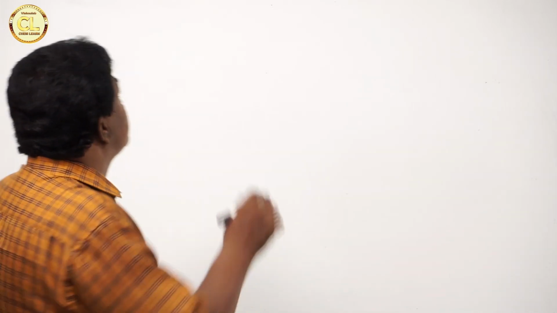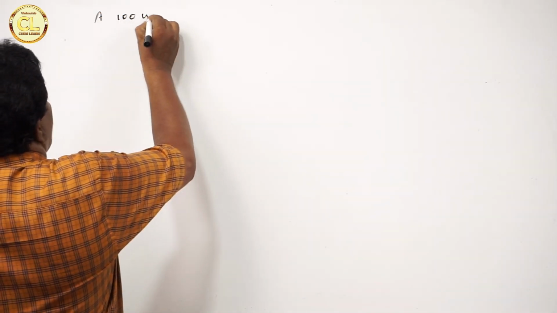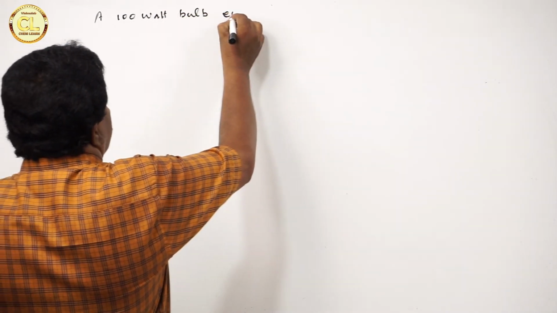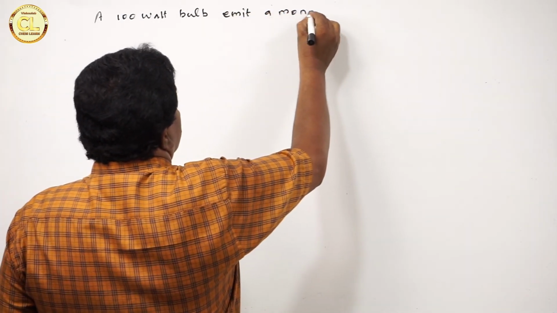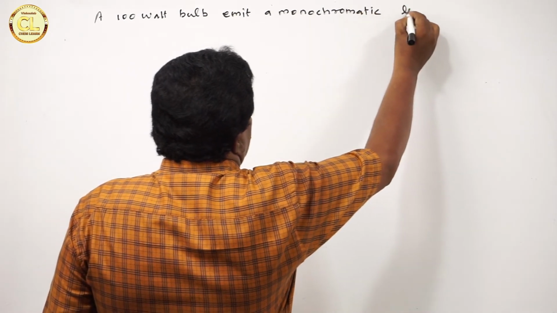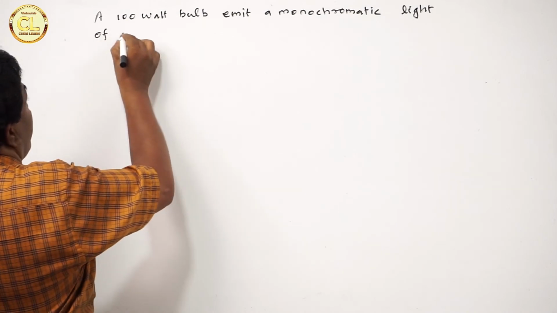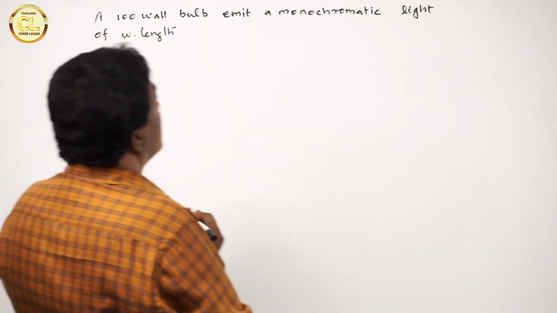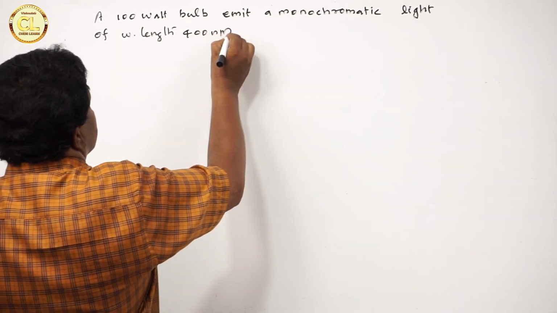Now another problem. A 100-watt bulb emits a monochromatic light of wavelength 400 nanometer.